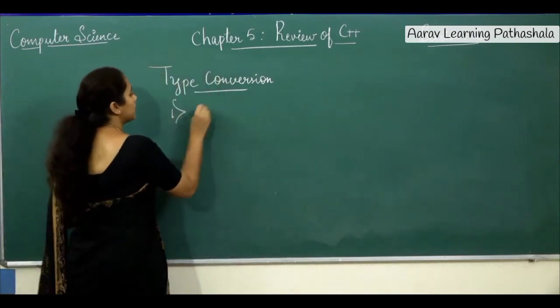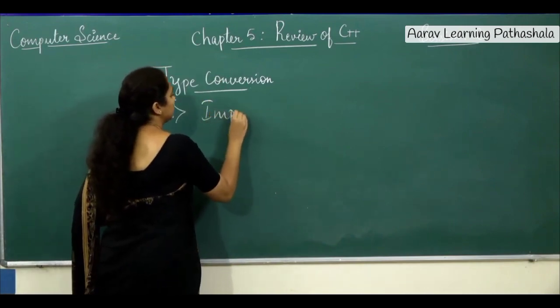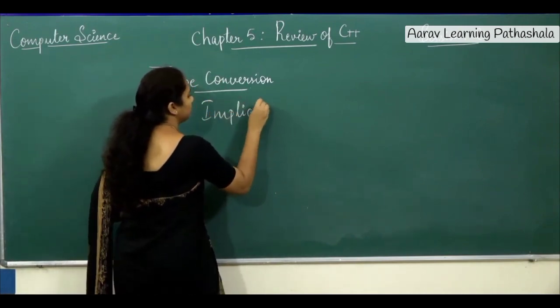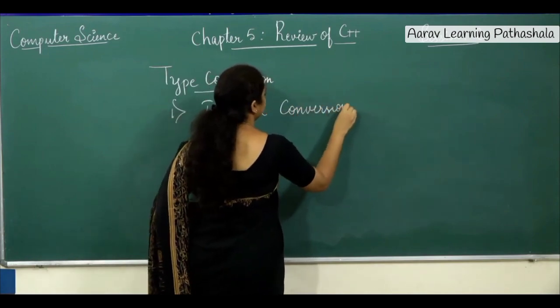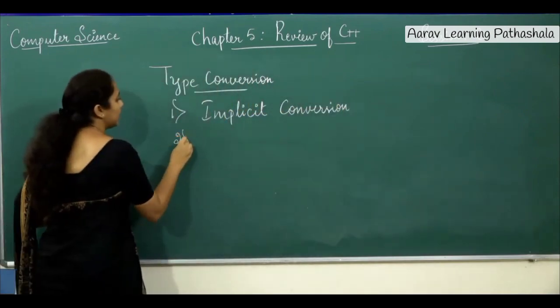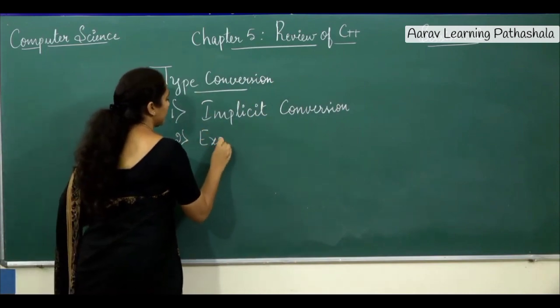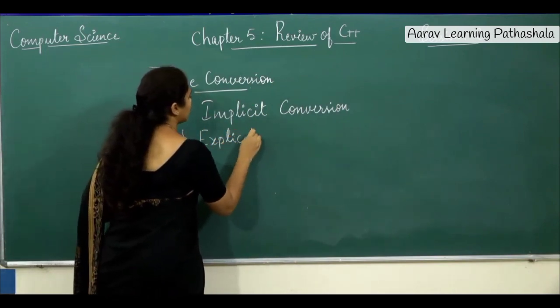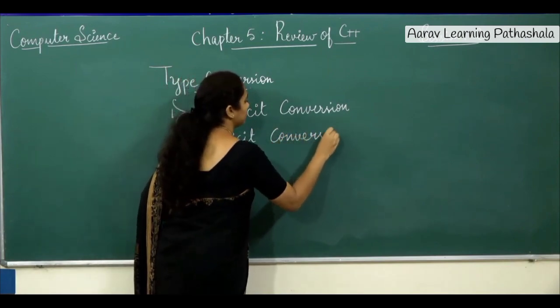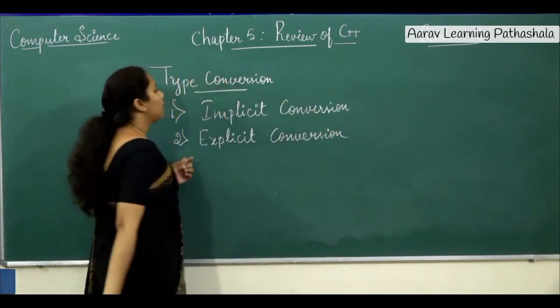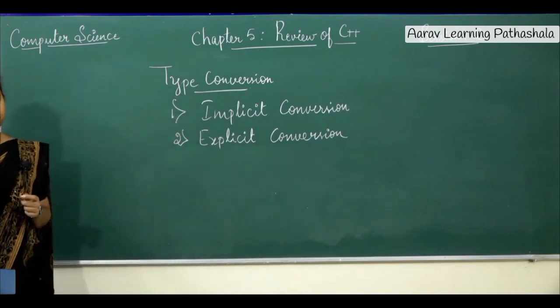The first one is implicit conversion and the second type is explicit conversion. What is implicit conversion?